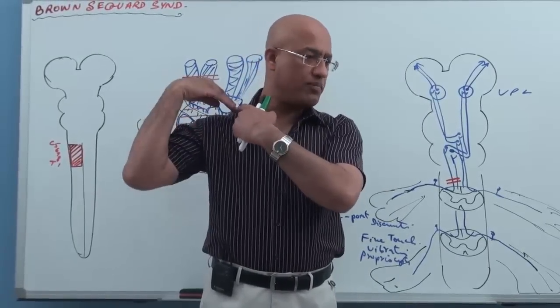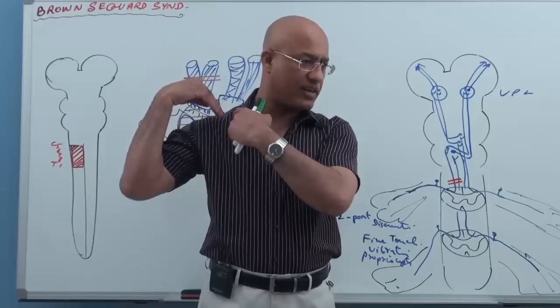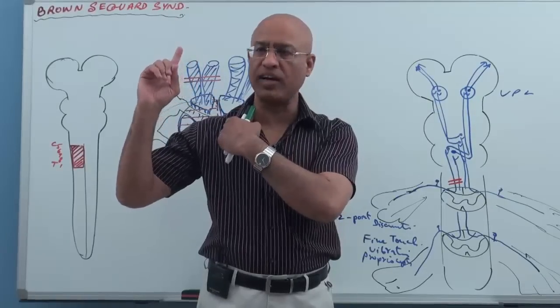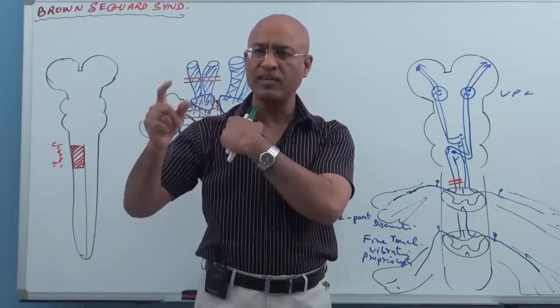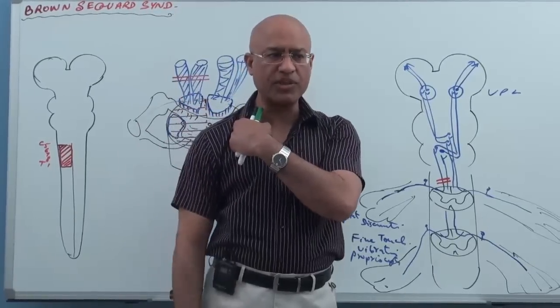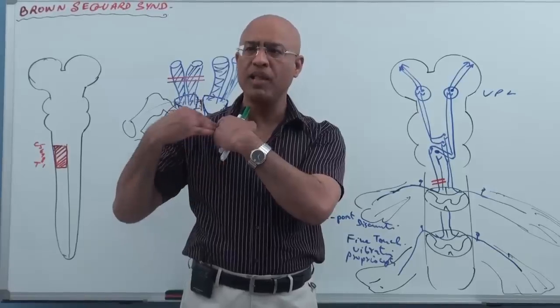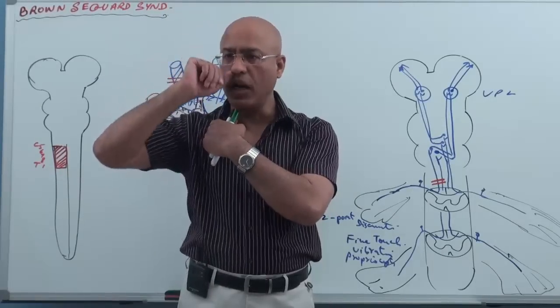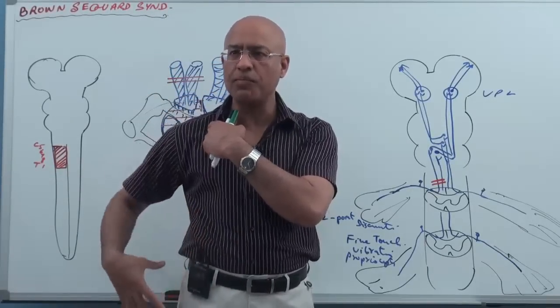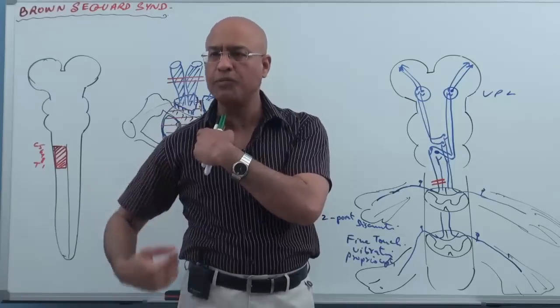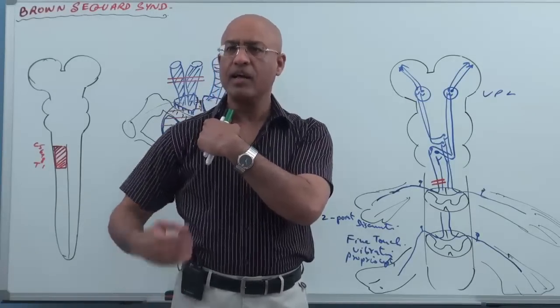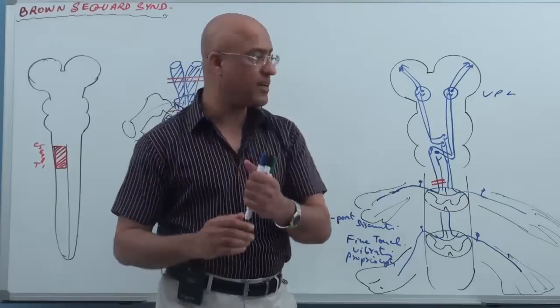The dorsal column system on the right side is cut, and which fasciculi are cut? Fasciculus gracilis and fasciculus cuneatus, and then information coming from the lower part of the body and upper part of the body going to the dorsal column cannot be taken to the central nervous system, and this patient will lose these sensations ipsilaterally. Is that right? Below the level of the lesion, right?